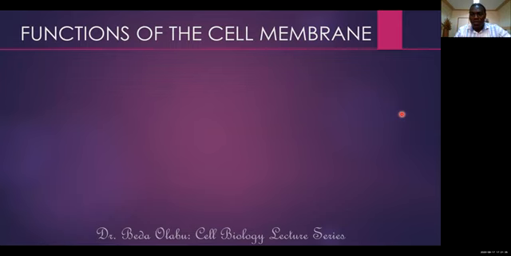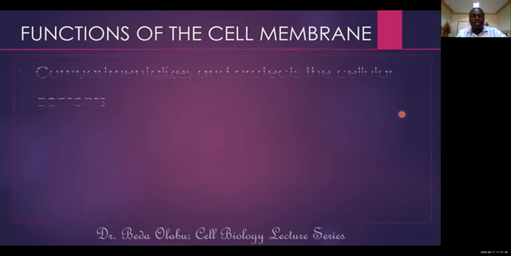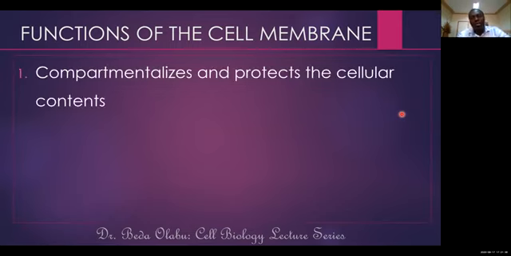What are the functions of the cell membrane? The cell membrane compartmentalizes and protects the cellular contents. This is to mean that it puts the contents of the cell in one compartment. Apart from putting them in one compartment, it also protects the components of the cell.